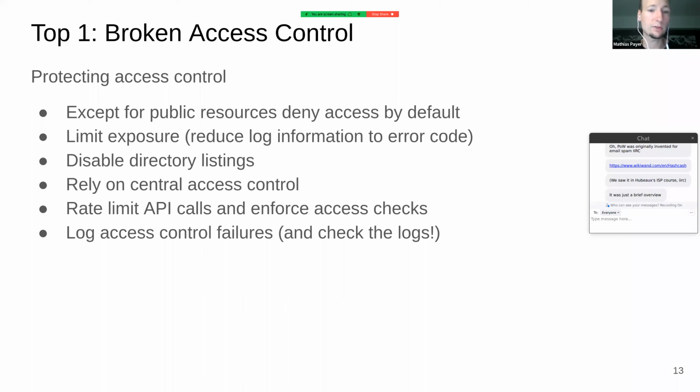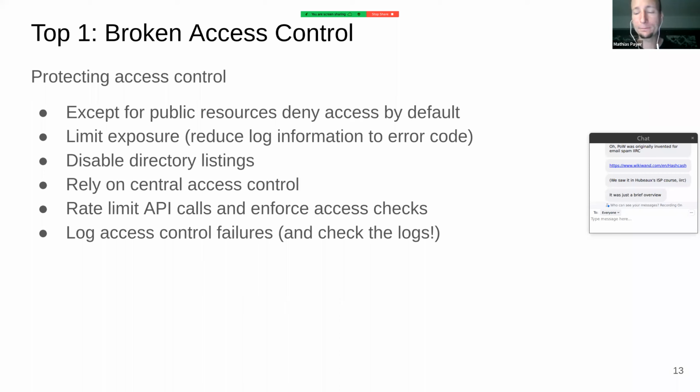You want to rely on central access controls, rate limit different kinds of API calls, especially to expensive services, enforce access checks at these interactions, log access control failures, and then actually check the logs in addition to that. Logging is good, actually checking the logs is better, right? So you need to do both to detect an attack.